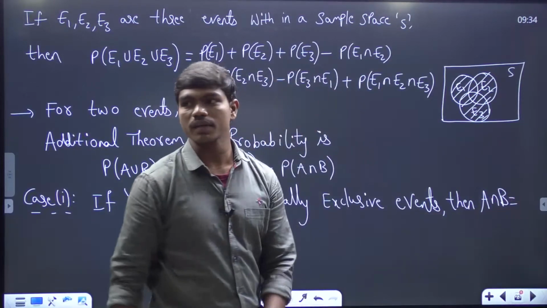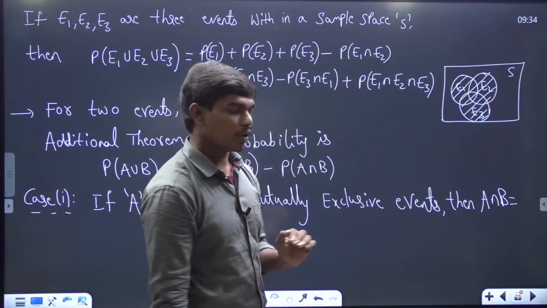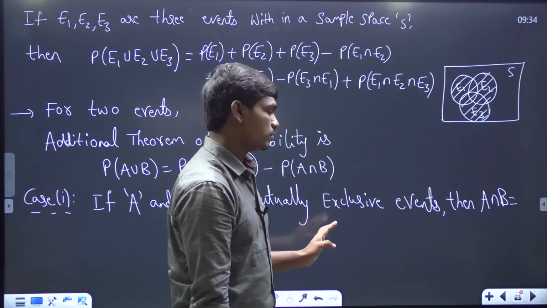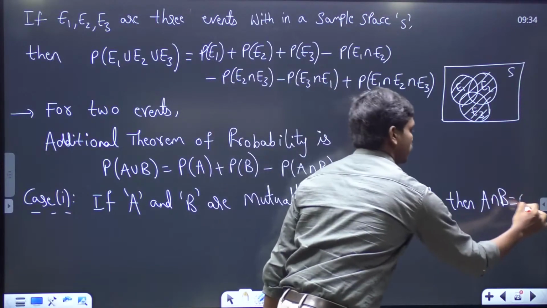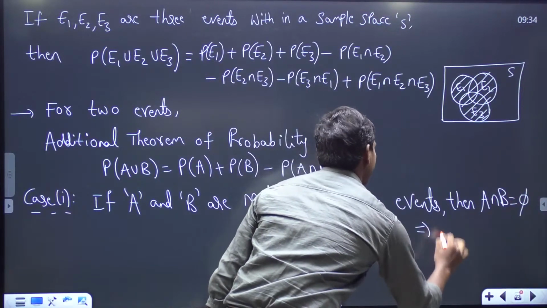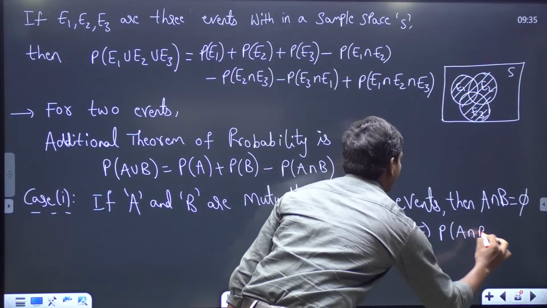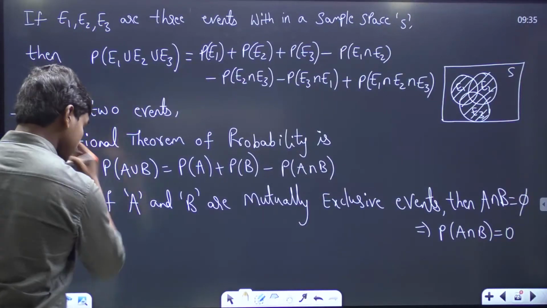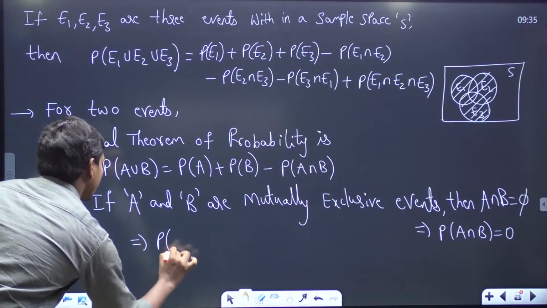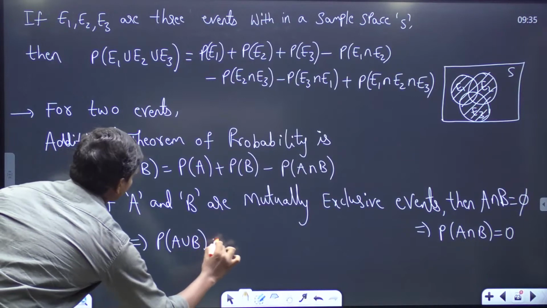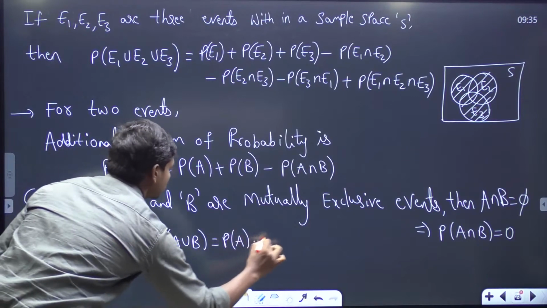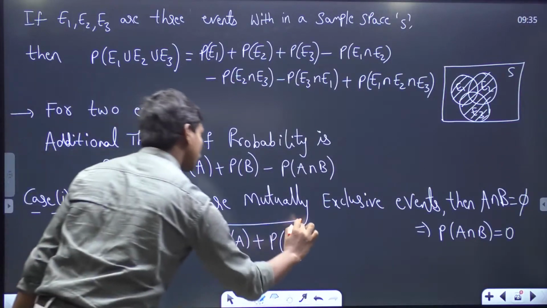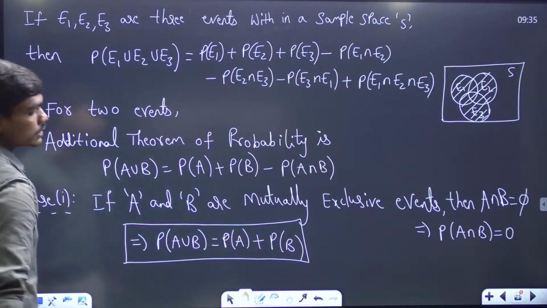Please tell me, if A and B are mutually exclusive events, then what is A intersection B here? Please tell me, all of you. This implies P of A intersection B is equal to 0. So if P of A intersection B is equal to 0, this implies P of A union B is equal to P of A plus P of B. So the addition theorem of probability gets reduced to this.